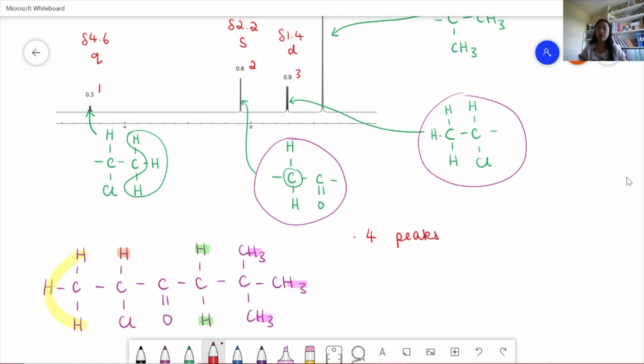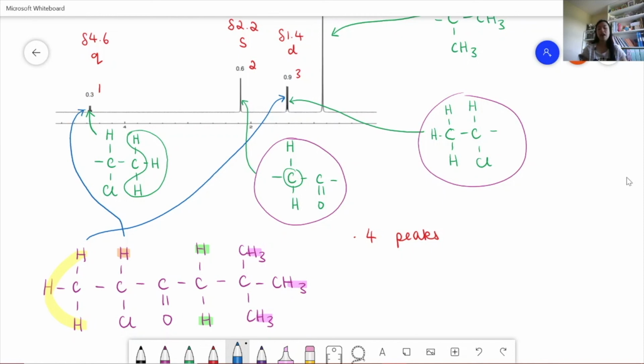And so we have that these 3 hydrogens on the end produce a doublet peak, so it would be this one here. And then the hydrogen, which is coloured in red, would form a quartet peak. So it would be this one over here.